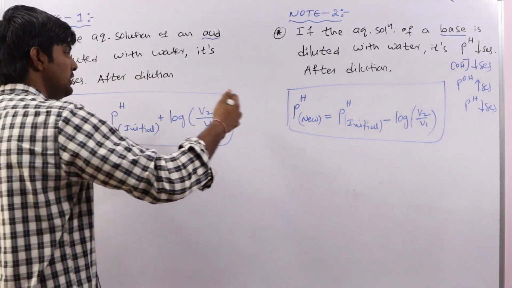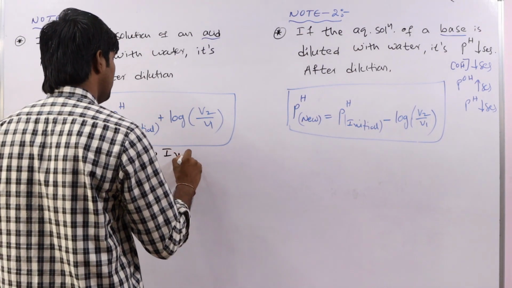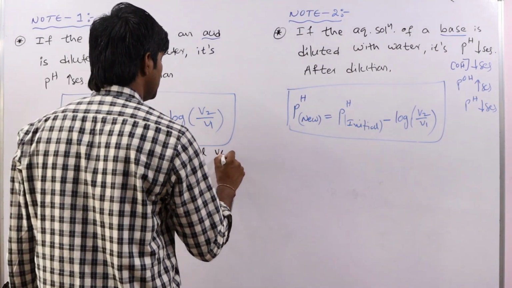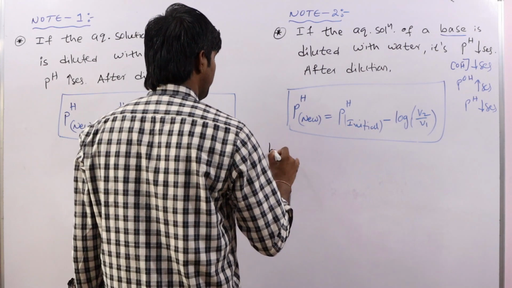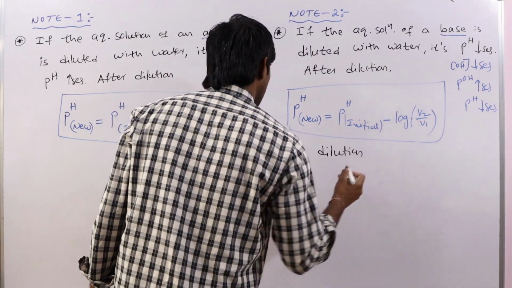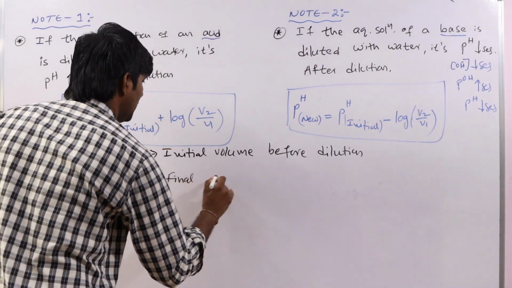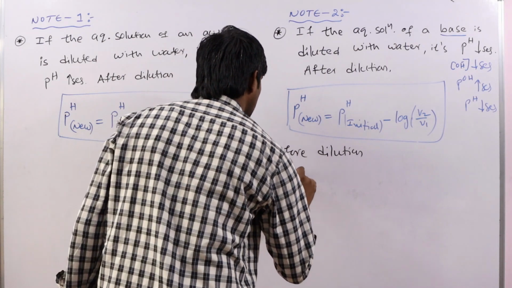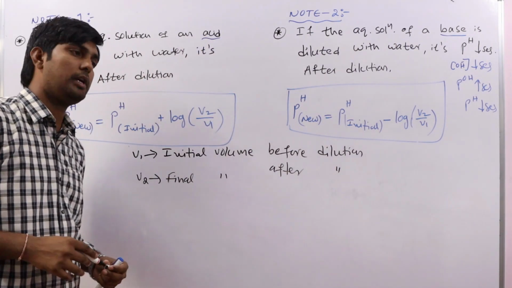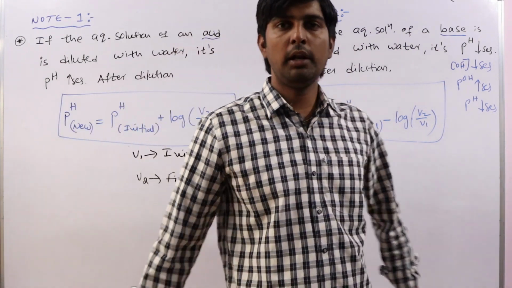So what are V2 and V1? V1 is the initial volume before dilution, and V2 is the final volume after dilution.